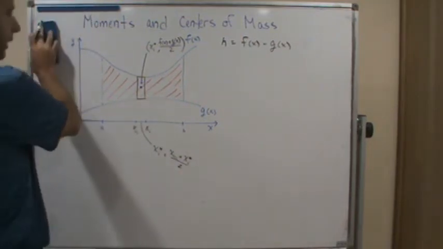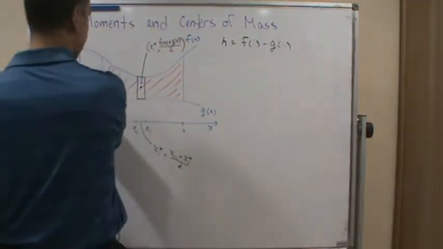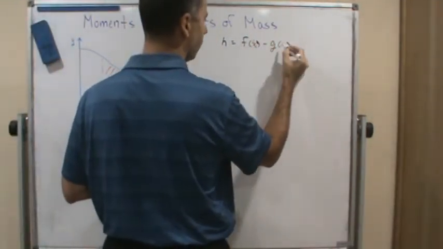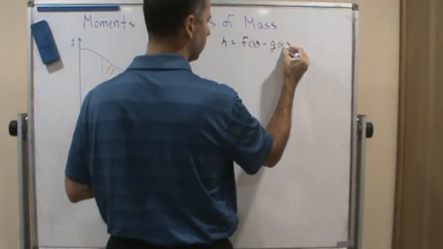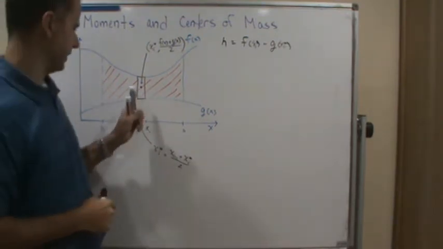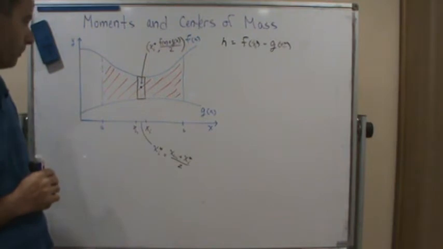Then the position of this particular rectangle is x sub i star, like before. But now the height of the rectangle is the difference between the two functions.